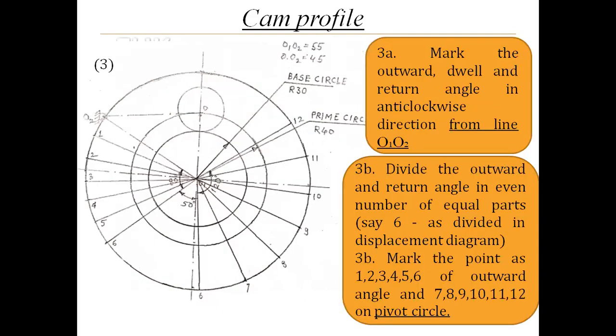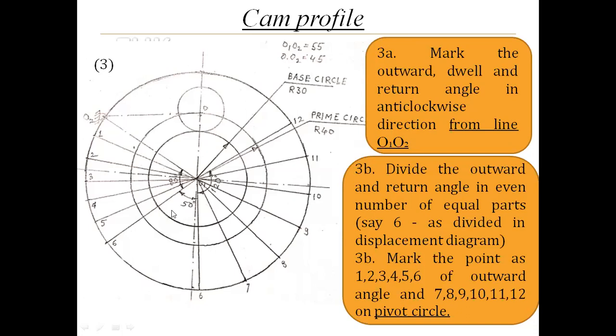Next, third step, mark the outward, dwell and return angle in anti-clockwise direction. My assumption is the follower is moving in clockwise direction, so my procedure will start in anti-clockwise direction.